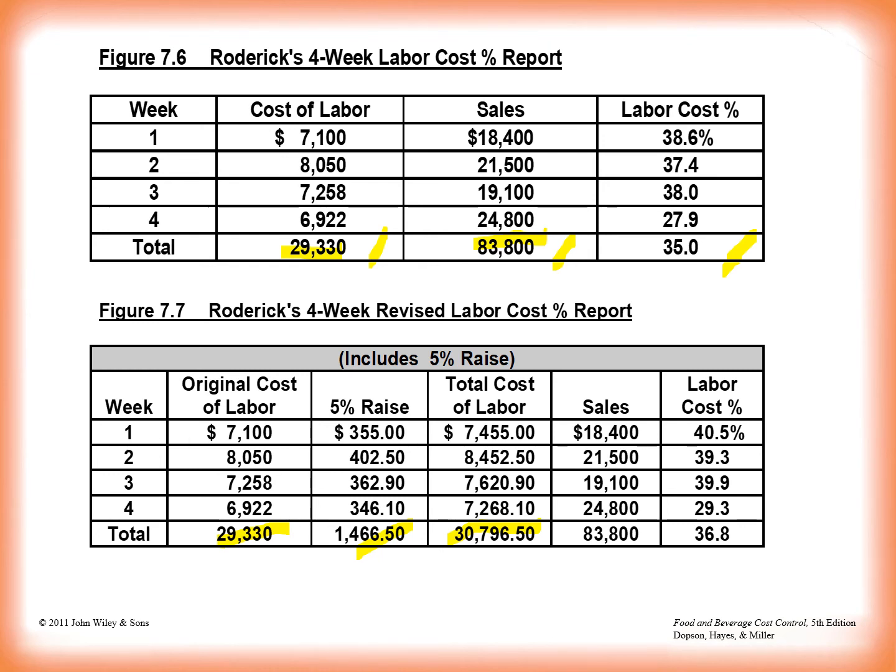Now my sales stay the same, because what I'm looking at is what would the effect be if I gave a 5% raise. And what would happen is it would raise my labor cost percentage to 36.08%. So my cost, if I give a 5% raise, will go from 35% to 36.8%.